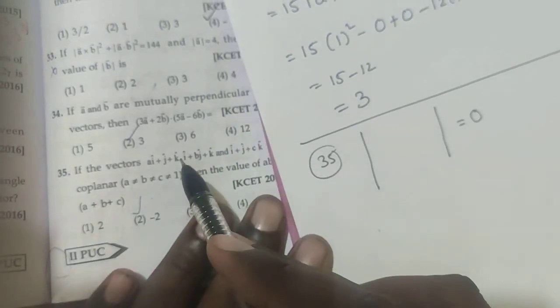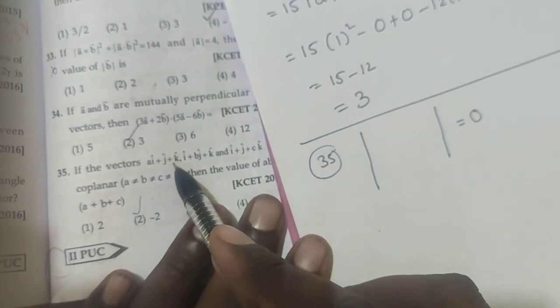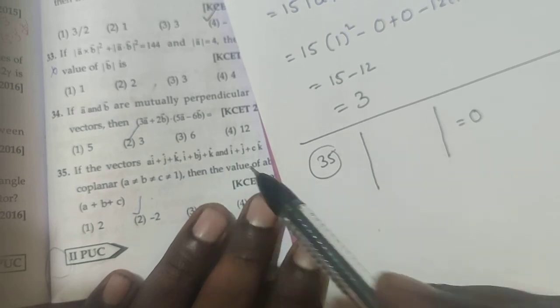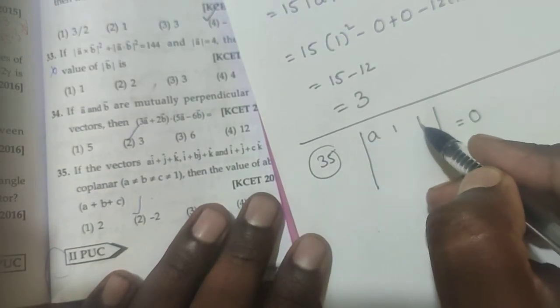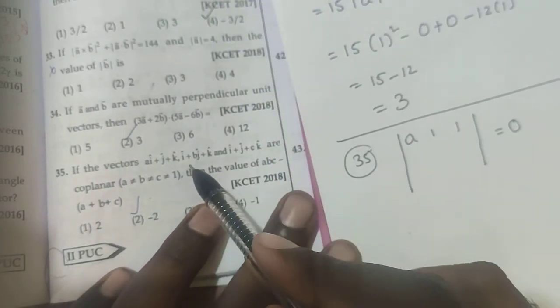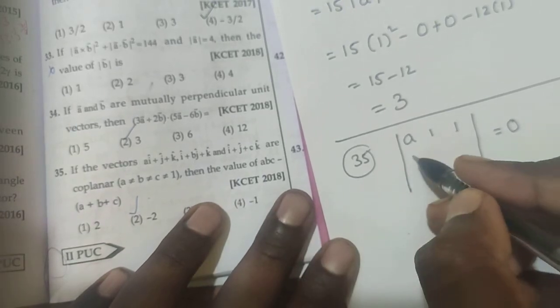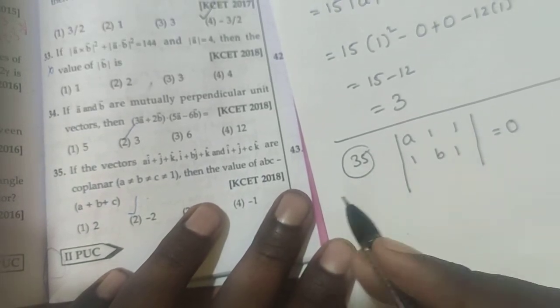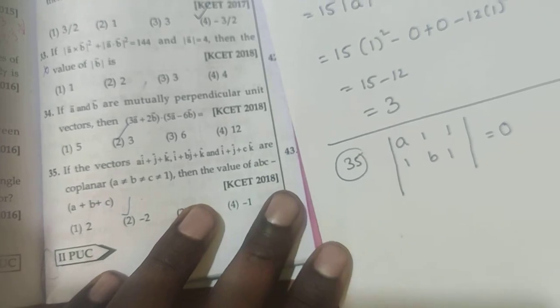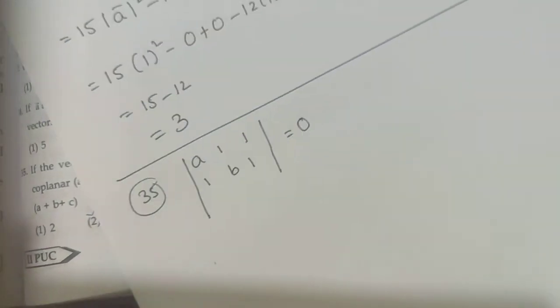What is the i component here? a, j component 1 and k component 1. Then a, 1, 1. The second vector is 1, b, 1. The third vector is 1, 1, c.